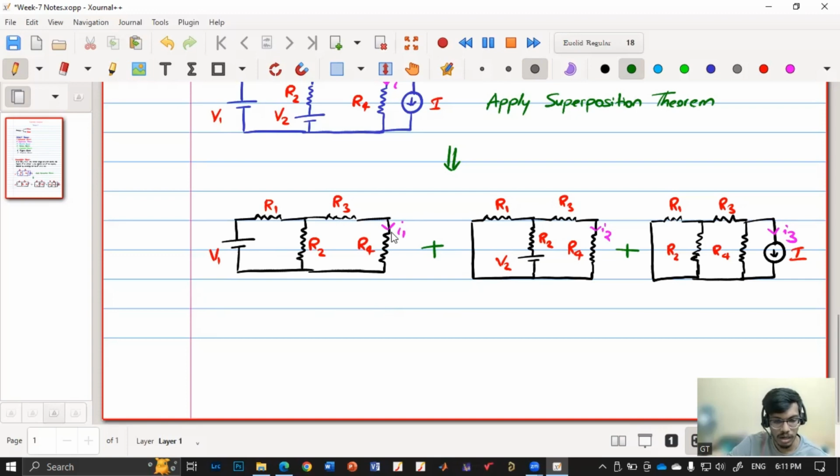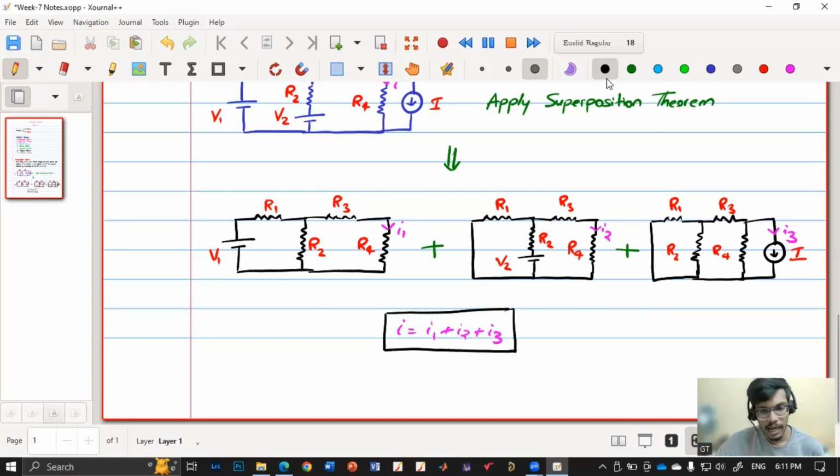So I'll always consider the current to be downwards. If it is actually flowing downwards, I'll consider positive, else negative. So now my I is I1 plus I2 plus I3. So this is the final thing.